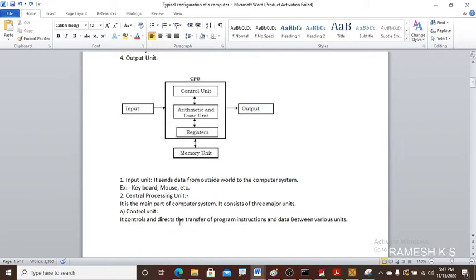Also, how much memory is required, all that it will take care of. The control unit transfers the program, instructions and data between various units. Suppose it is interacting with the memory unit, or with the arithmetical logic unit. It controls which units we want to send to and which we don't want to send to. All that is decided by the control unit.